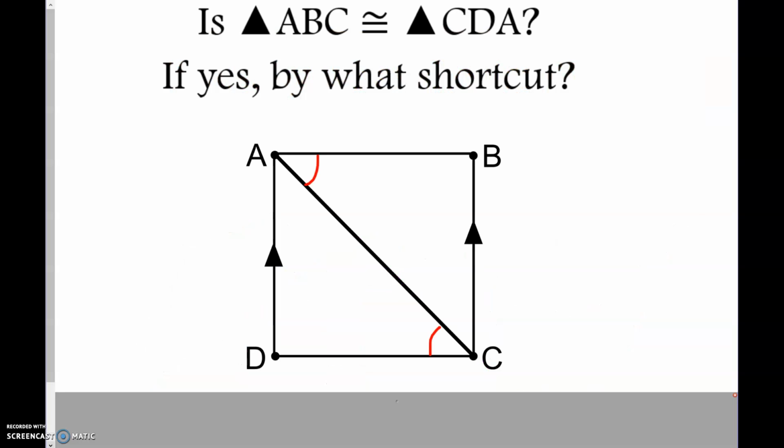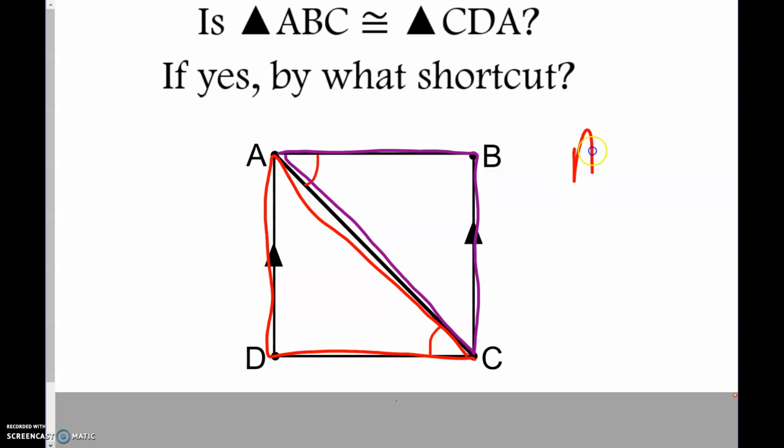So is triangle ABC, let me just trace that, we're focusing on ABC, congruent to CDA? Well, it looks like we have 1 pair of angles congruent, so I have an angle. Then it looks like we can get these sides congruent, so I do have a side. And then what else do they tell us?